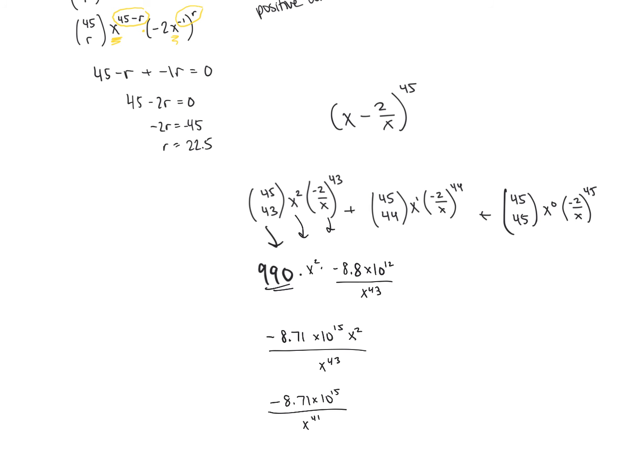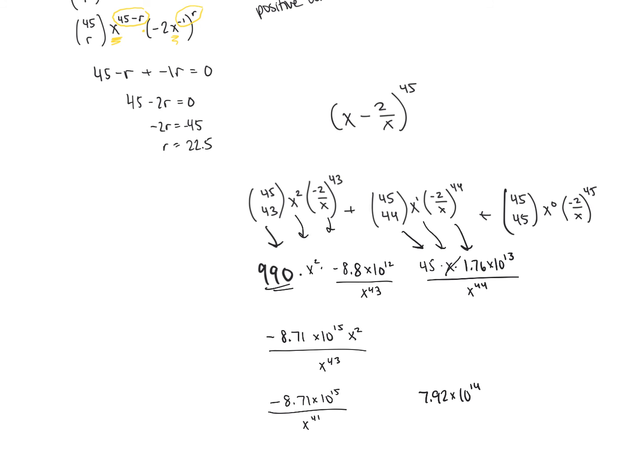Okay, this is going to be 45 times x times negative 2 to the power of 44, again scientific notation, over x to the 44. When I multiply, I get 7.92 times 10 to the 14.